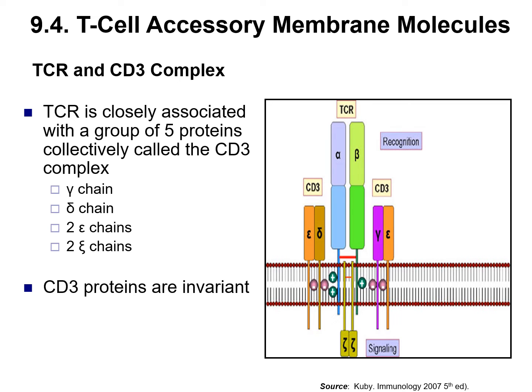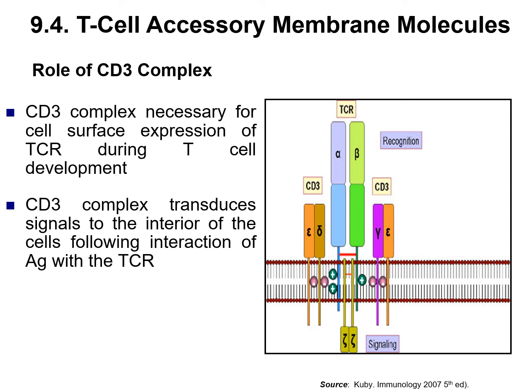The smaller CD3 complex may be associated with the TCR molecule, so the dimers here. TCR is associated with the different chains of the CD3 complex. CD3 proteins are actually invariant, never changing, but they are involved in signaling.